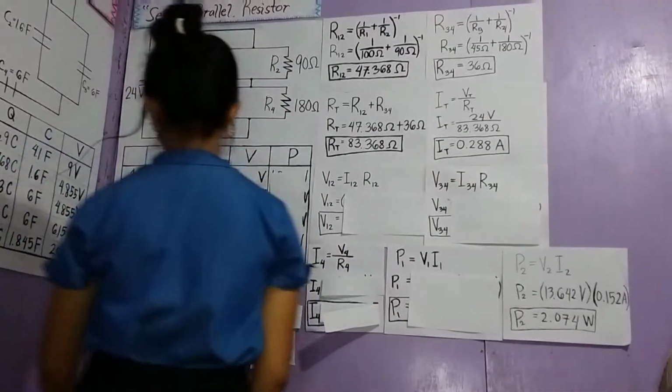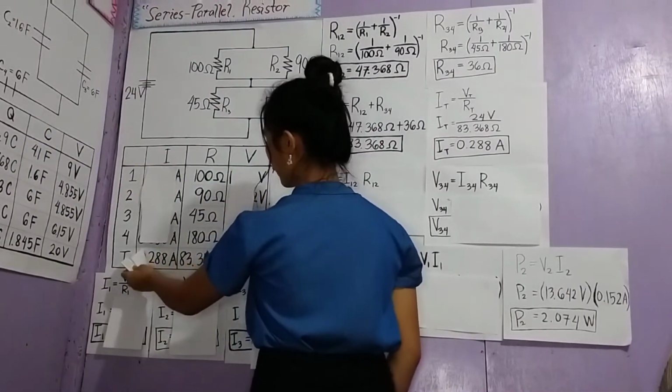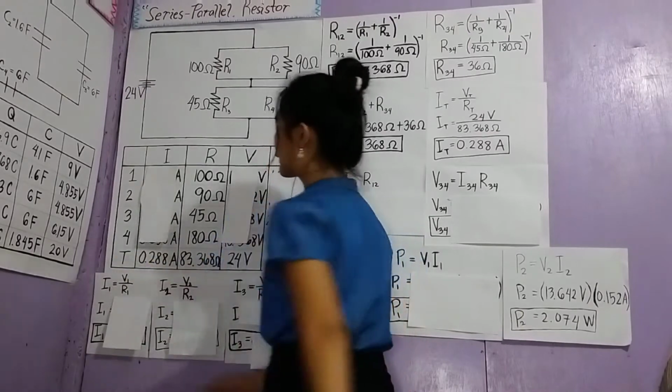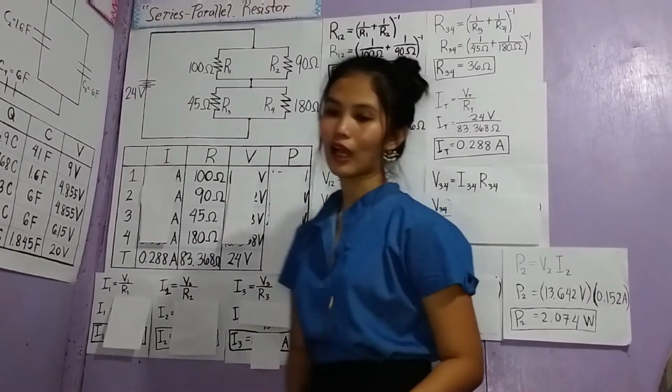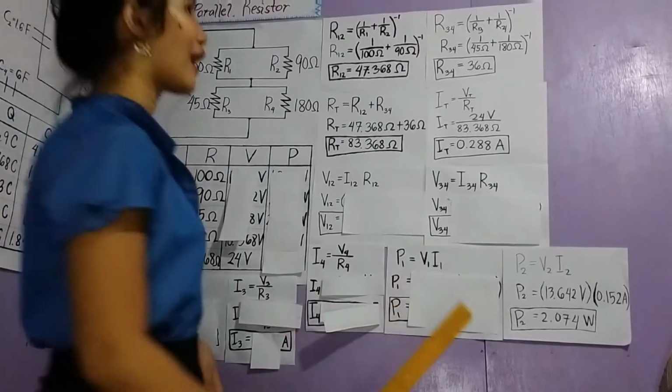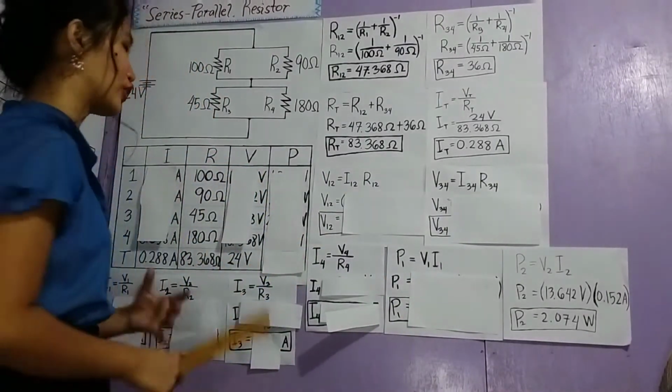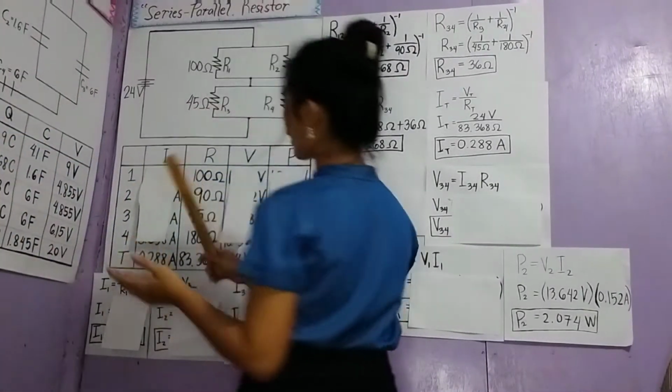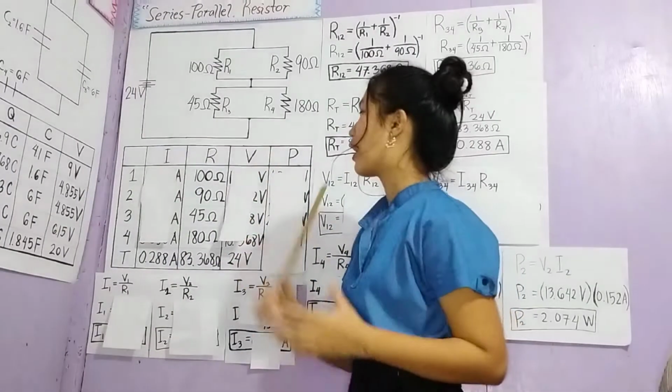So we're going to write that down here. We have 0.288 amps.